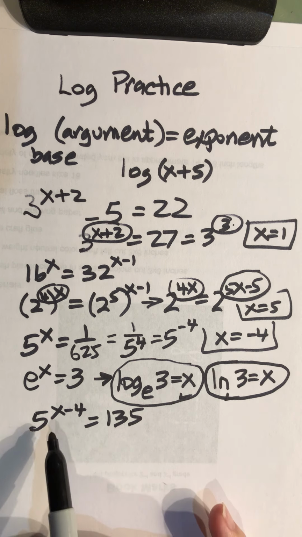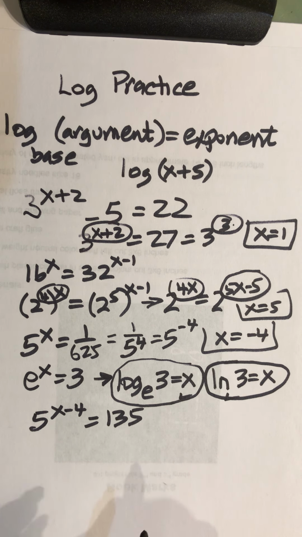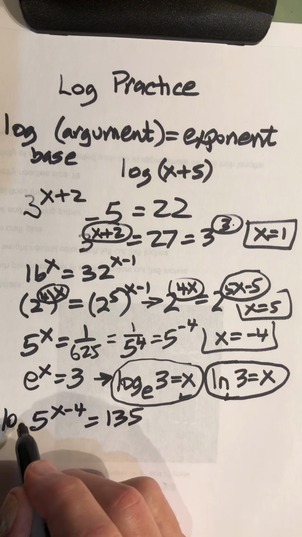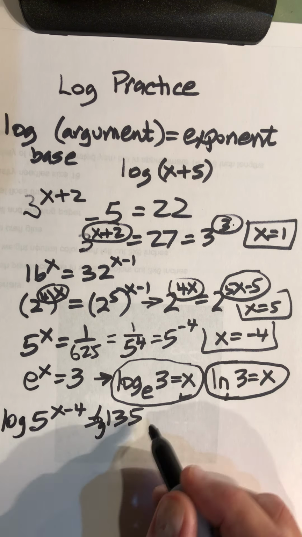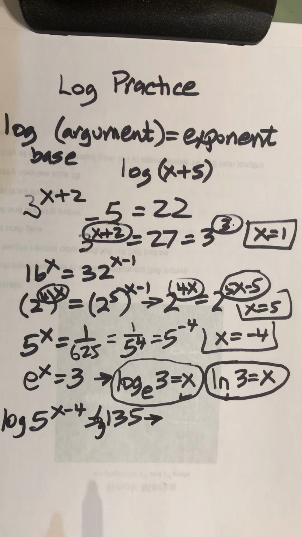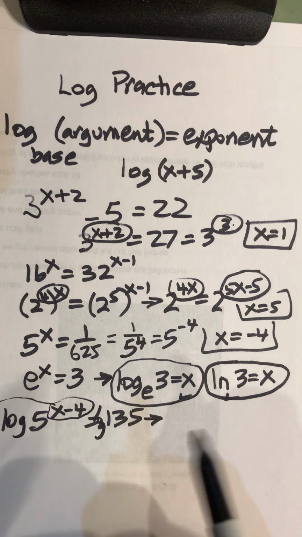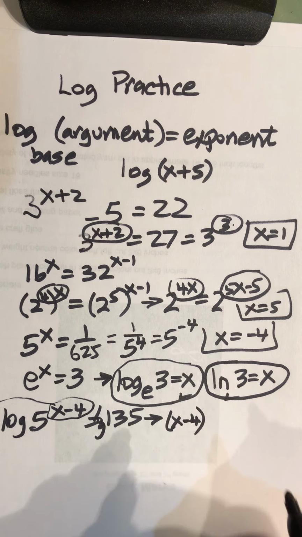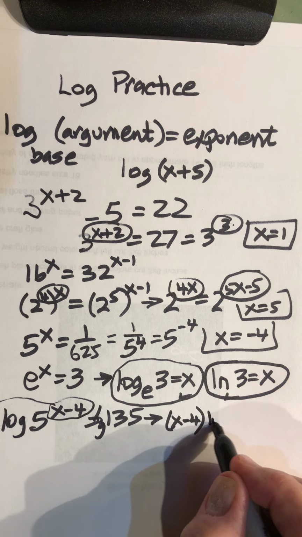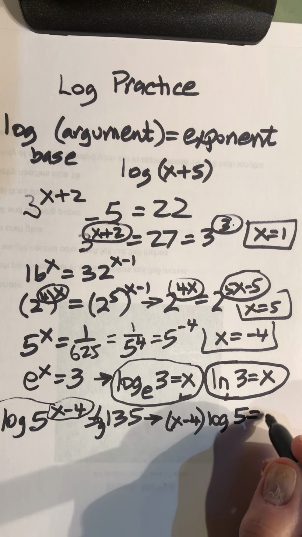What I'm going to do here is take the log of each side. So this becomes log of this and log of that. Now I'm going to take my exponent and move it out front. What does this do for me? This is x minus 4 times log 5 equals log 135.